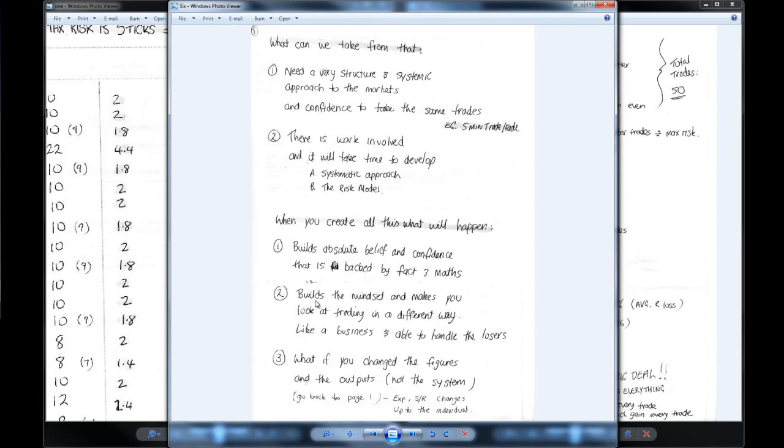Okay, and obviously then that builds mindset and makes you look at trading in a completely different way. Like a business, and you're able to handle the losers. When you first get into trading, it's all about avoiding losers and taking winning trades. Feeling good when I take a winning trade, feeling crap when I take a losing trade. But business shouldn't be that way. It should be all about a model. Losers are just part of the game, part of the cost of creating winning trades.